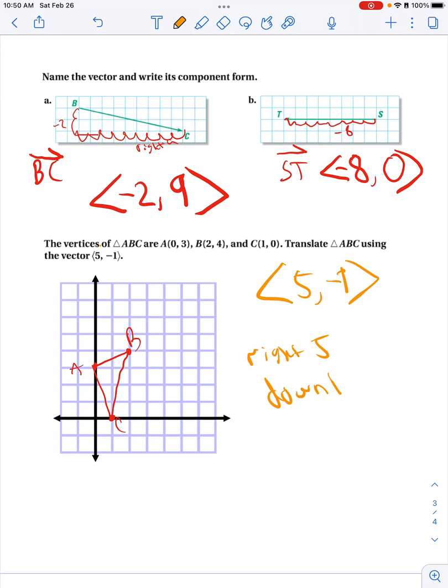I'm going to take each point and add 5, then move it down 1. 1, 2, 3, 4, 5, down 1: here is my new A prime. 1, 2, 3, 4, 5, down 1: here's my new B prime. And 1, 2, 3, 4, 5, down 1 is C prime. There you have it. That's how you can use vectors to translate shapes as well.